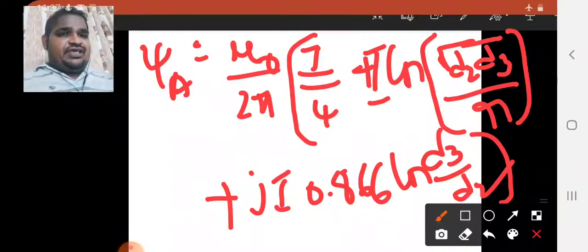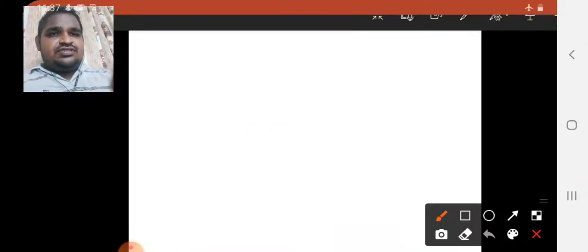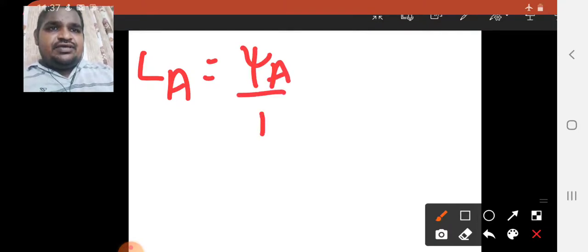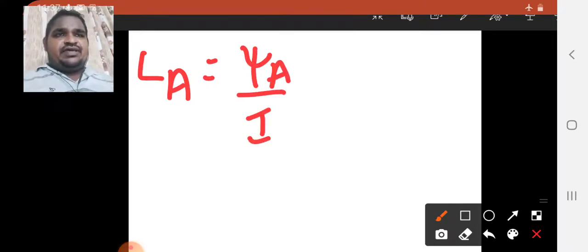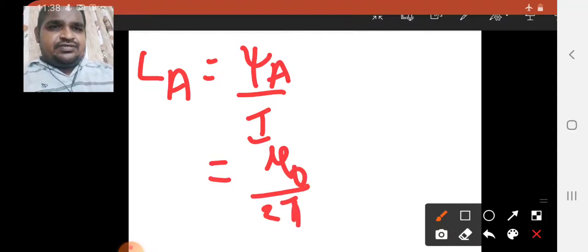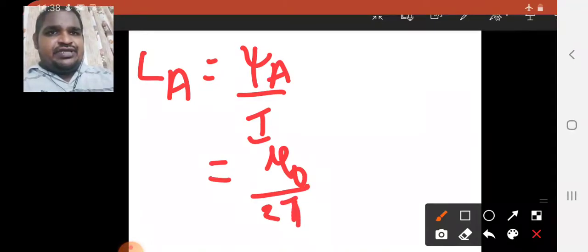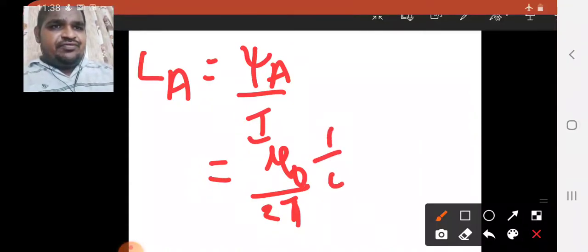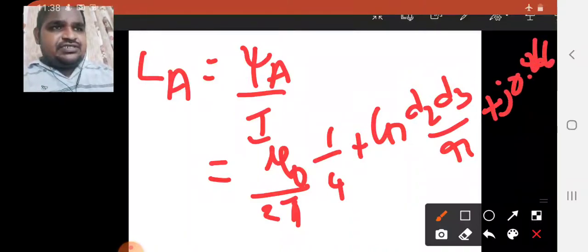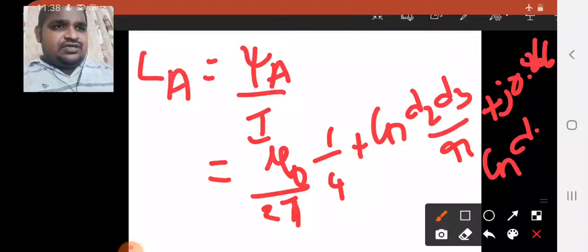Therefore LA is equal to psi A by I. If you substitute that, you will get mu naught by 2 pi into, all the I's will get cancelled, then what remains is 1 by 4 plus ln of root D2 D3 by r, plus j 0.866 ln D3 by D2.